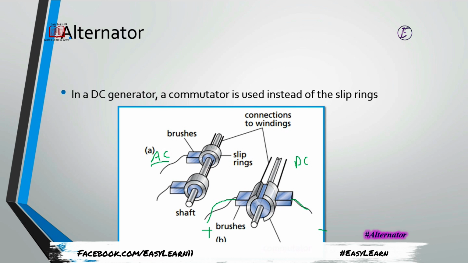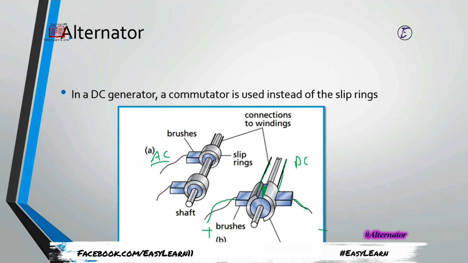Commutator is just like slip rings, but it has a gap, and one end of the coil is connected to one half of it, and the other end to the other half, and there is always a gap when the coil is rotating.